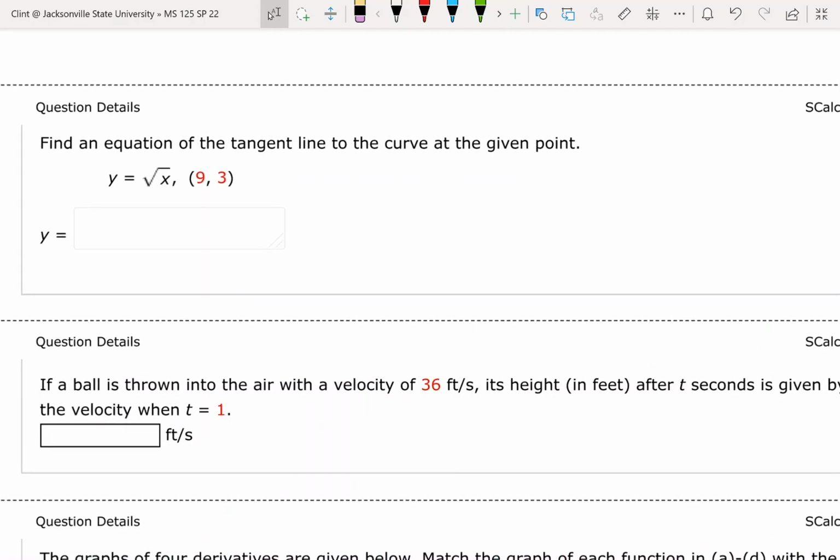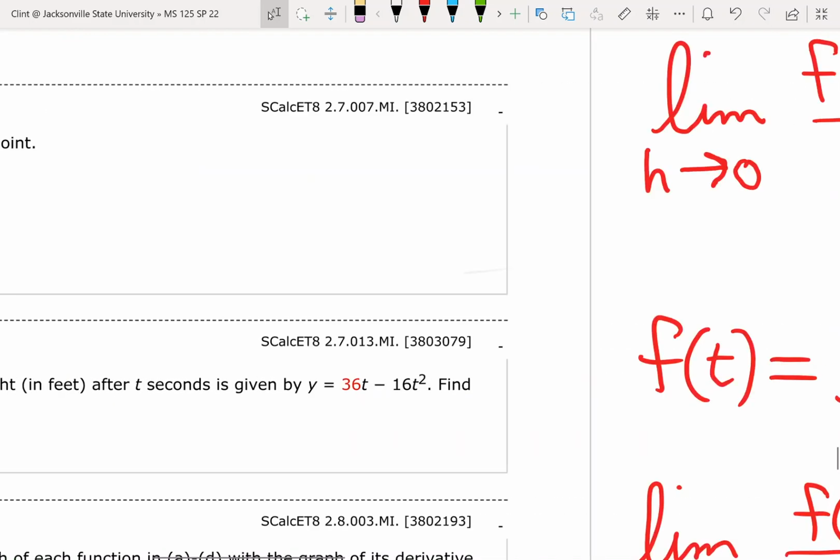It's the same type of problem as that last one we just did. It doesn't have all the steps. Find an equation of the tangent line to the curve at the given point. The point is (9, 3). Okay, so the function is square root of x, and then we want the point (9, 3).